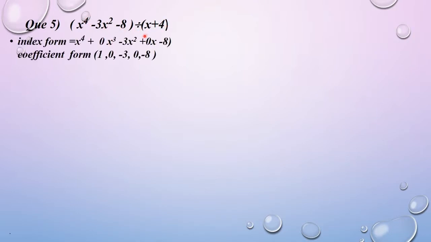Question number 5. x raised to power 4 minus 3x square minus 8 divided by x plus 4. Now, the index form is x raised to power 4 plus 0x raised to power 3 minus 3x square plus 0x minus 8.